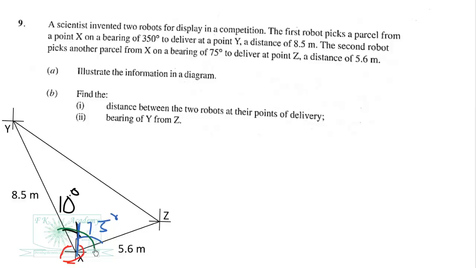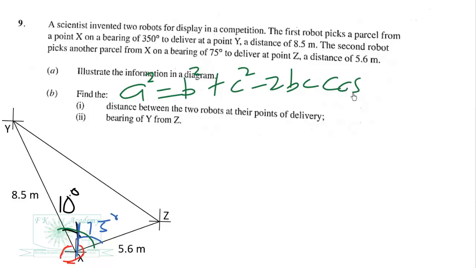We can use the cosine rule, which says that a squared is equal to b squared plus c squared minus 2bc cos A, where A is the angle opposite the side a.